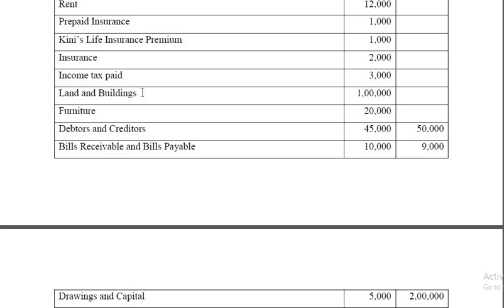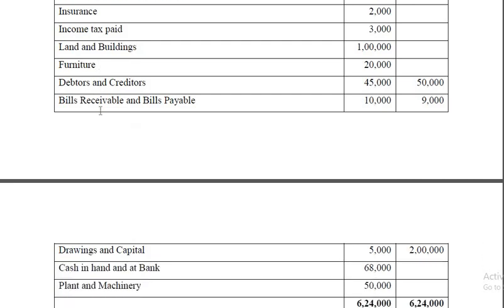Debtors and buildings are assets and come to the balance sheet. Furniture will come to the balance sheet. Debtors come to the asset side of the balance sheet, and creditors will come to the liability side. Bills receivable is an asset, on the asset side of the balance sheet. Bills payable appears on the liability side of the balance sheet.